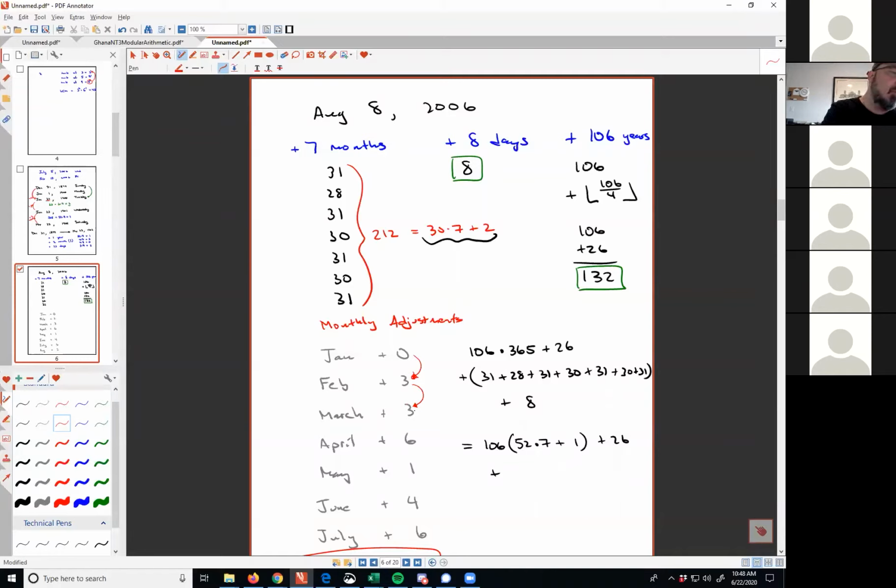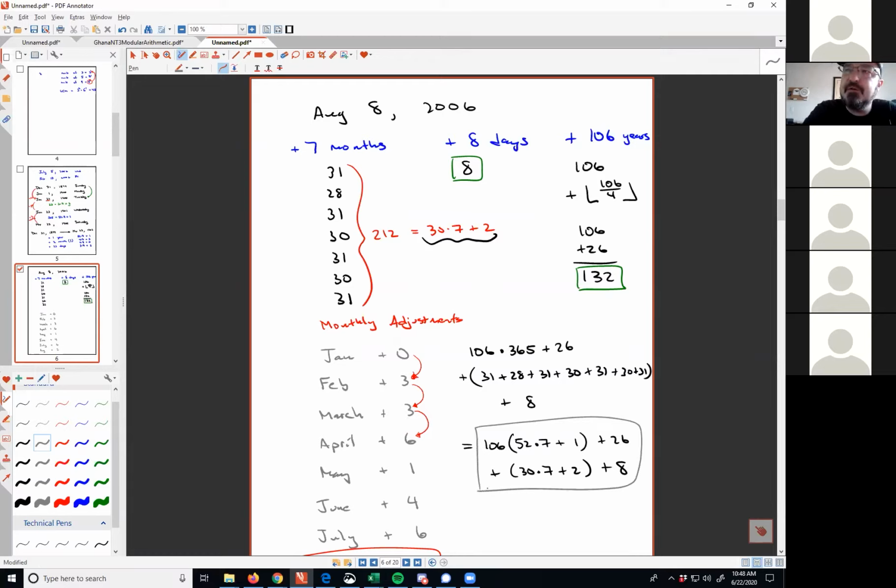And then we have 31 plus 28 plus 31, which is 3 extra days plus 0 plus 3. And that gave us 6. Okay, thanks. So the total number of days that we move forward during all this process looks like that.